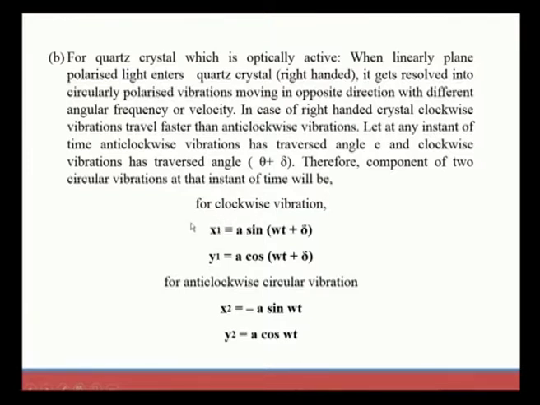Therefore, the components of the two circular vibrations at that instant are given by, for the clockwise vibration, x1 equal to a sin(omega t plus delta) and y1 equal to a cos(omega t plus delta). For the anticlockwise circular vibration, we consider only omega t, that is x2 equal to a sin omega t and y2 equal to a cos omega t.